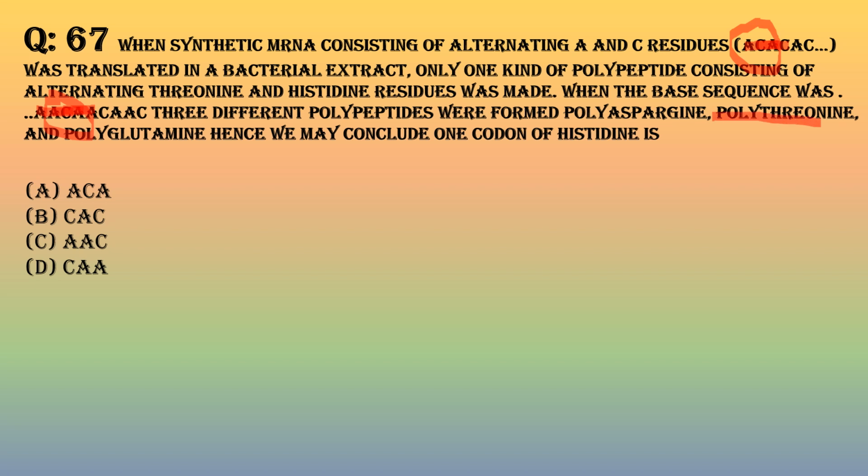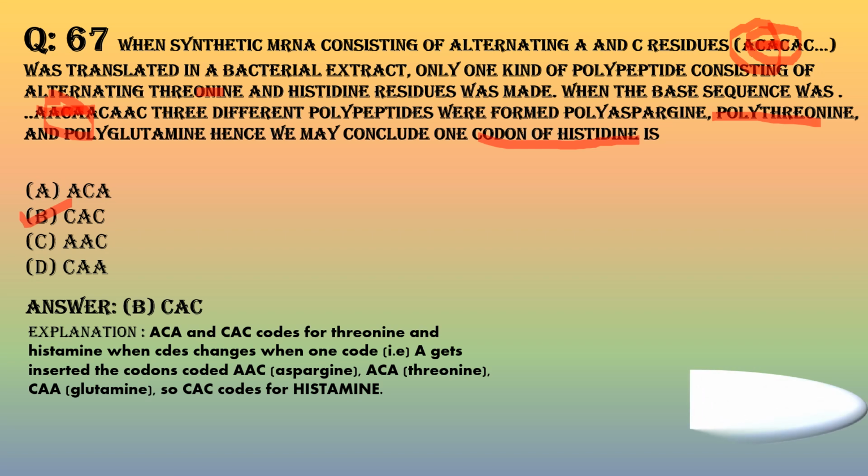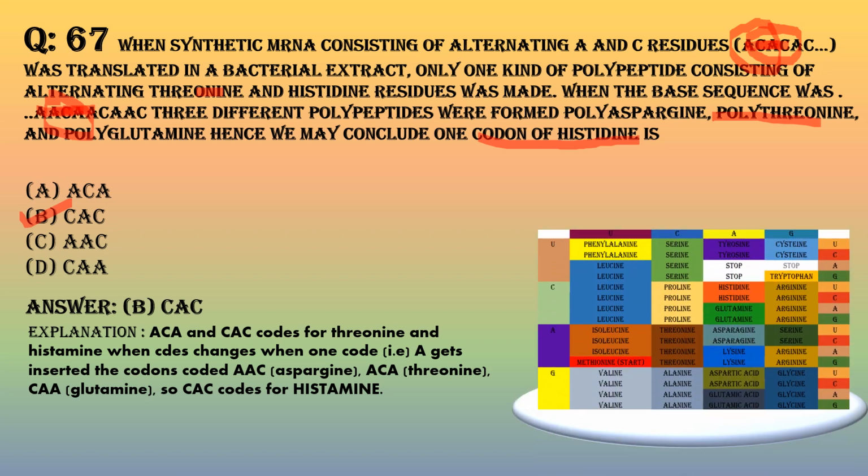So here threonine is there, and here also threonine is there. And for histidine, other than ACA, CAC is the other possibility. So the answer is, the codon for histidine is CAC. Okay, so you can refer to the codon chart as well.